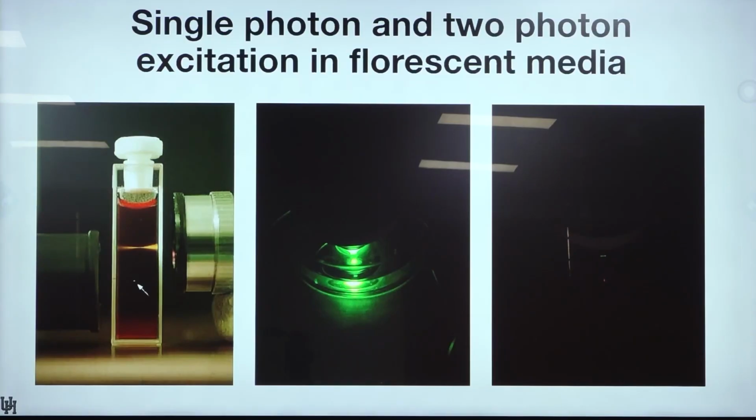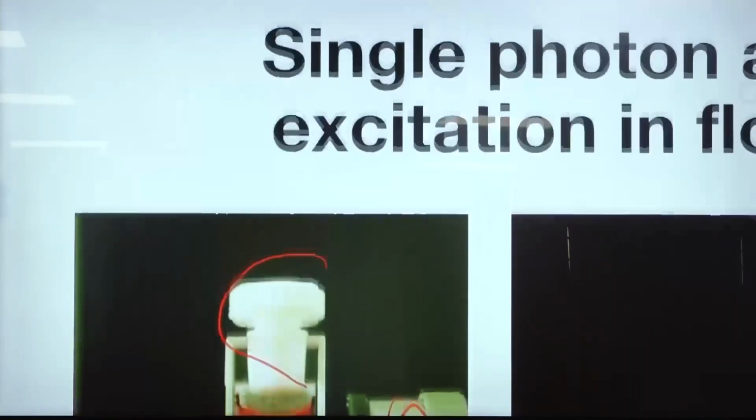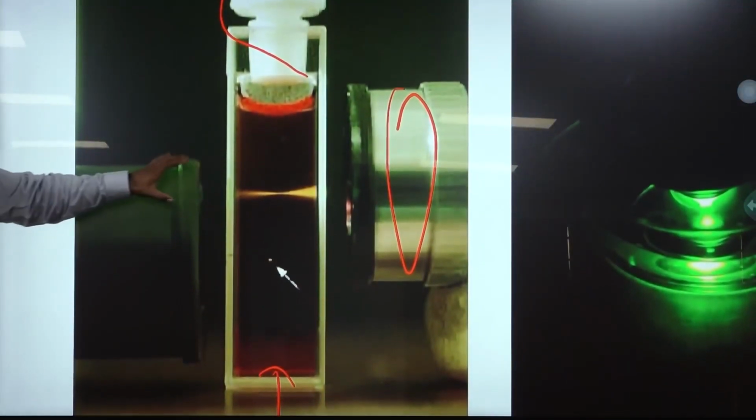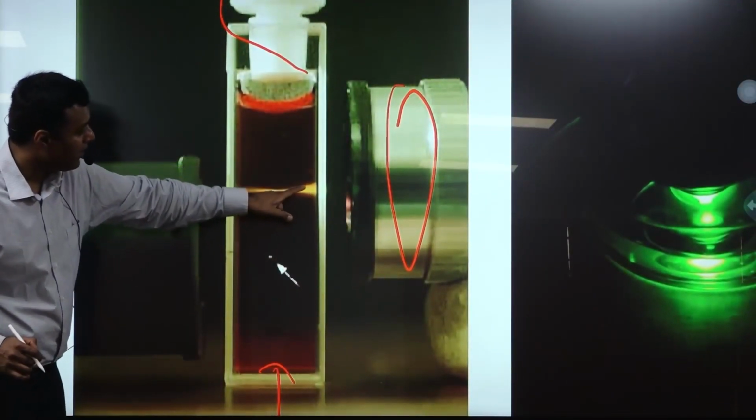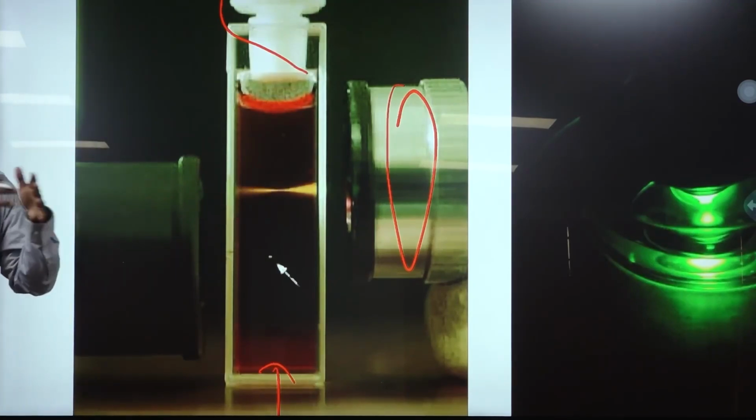Let's say this is a lens or an objective which is focusing light, and this orange color is a fluorescent medium. It has fluorescence properties. It's a material which absorbs light and emits at a different wavelength. So the light from this objective is getting focused to a spot here, and there is a cone of incidence, and every part of this cone gets excited.